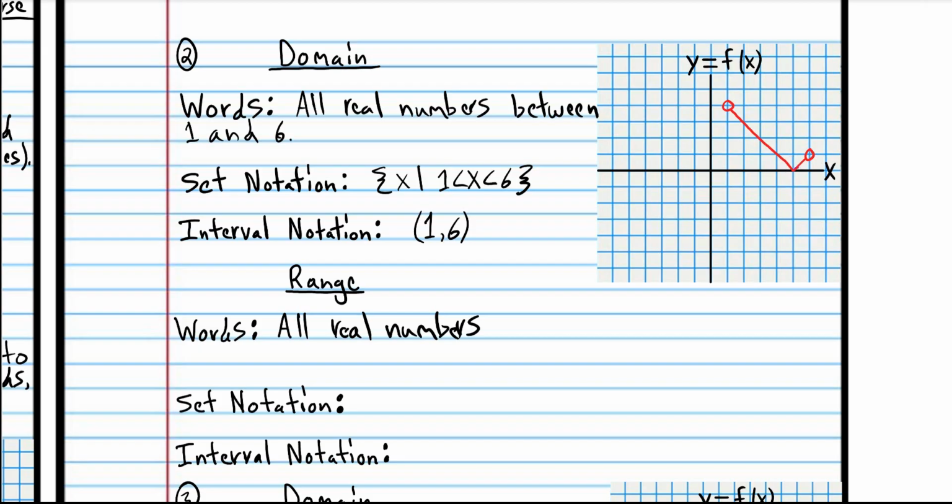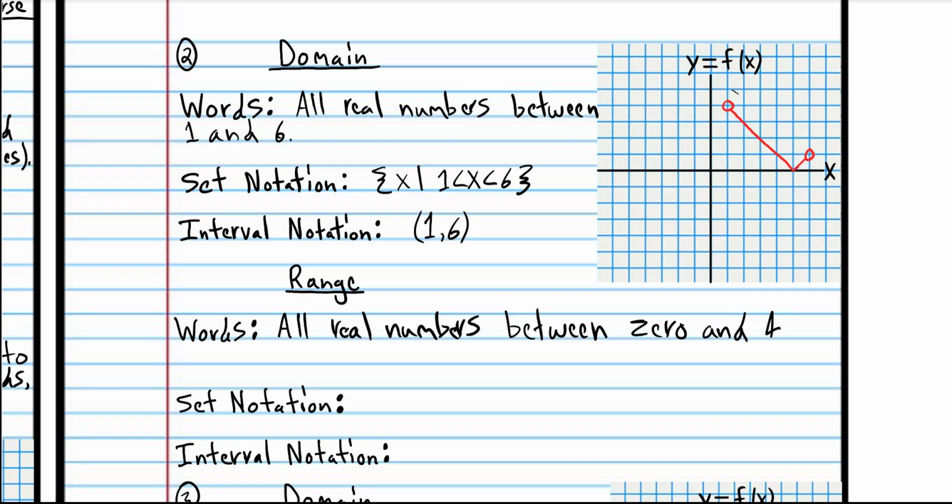So all real numbers between, now let's look at the point that has the biggest y value. That's this point here. That point has a y value that's equal to 4. And this point here, the lowest point, has a y value equal to 0. So we can say all real numbers between 0 and 4.